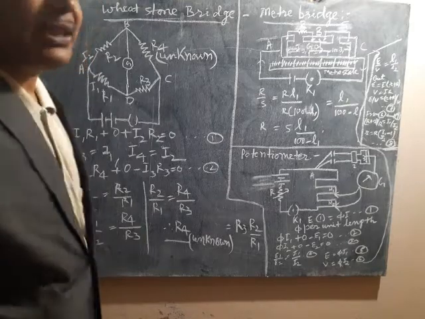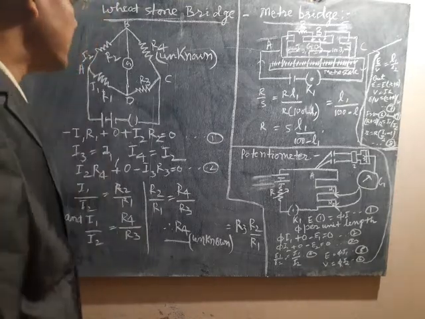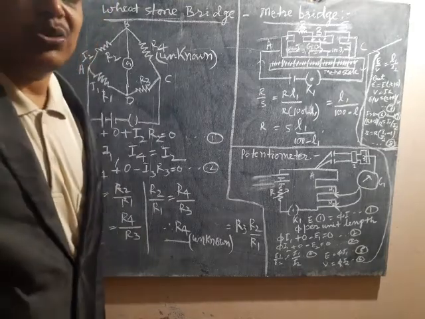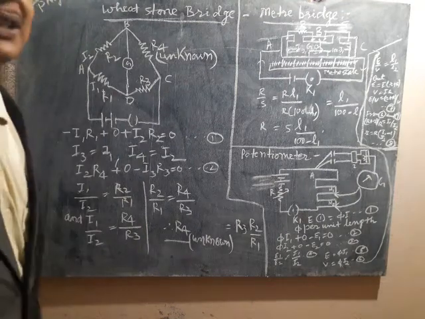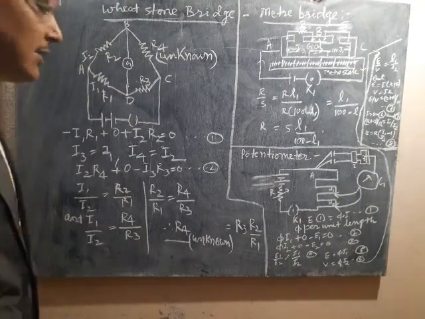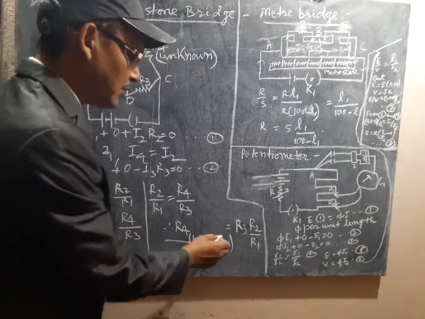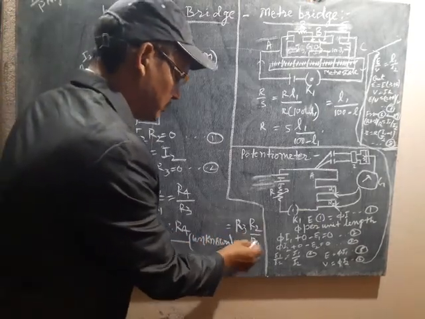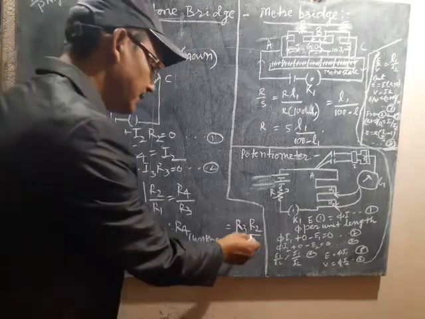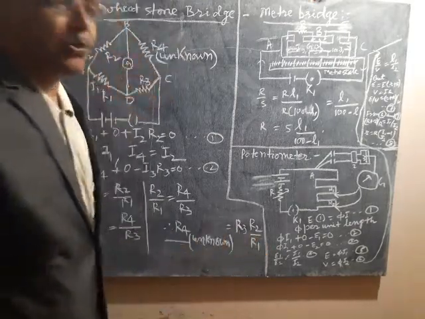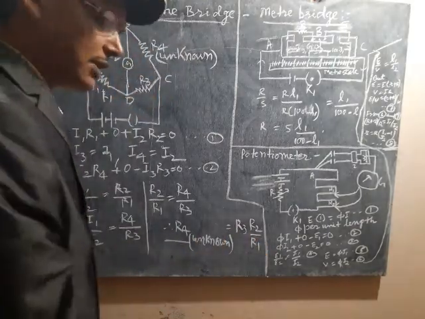Three resistances are given, and you get the 4th resistance, which is unknown. Suppose here I have written R4 is equal to R3, R2, R1. If any 3 are provided, then you can obtain the 4th resistance.